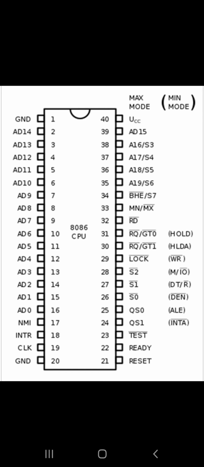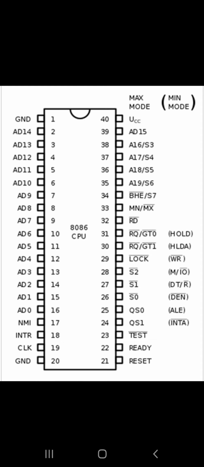So I will discuss these S3 and S4 pins. If S3 is 0 and S4 is 0, means both the pins are carrying a 0 potential on it, that means the processor is right now accessing the extra segment. If S3 is 0 and S4 is 1, then the processor is accessing the stack segment.